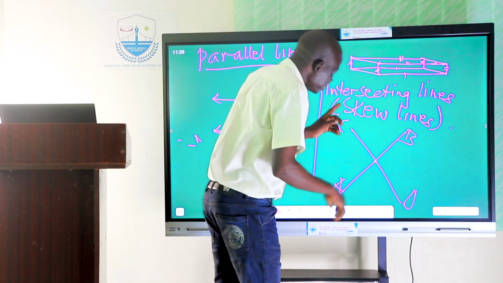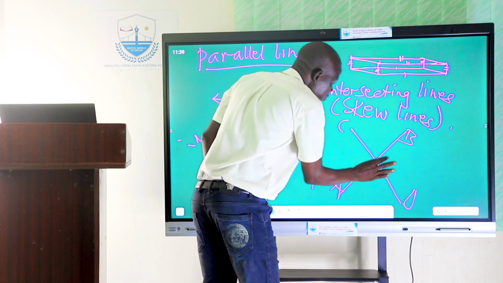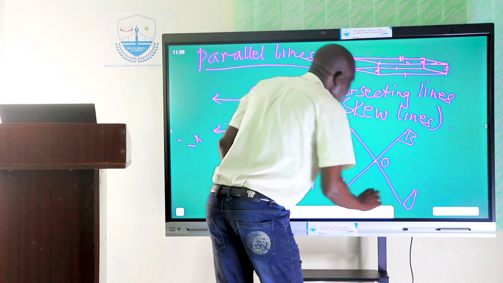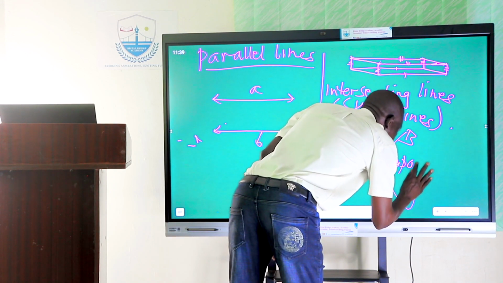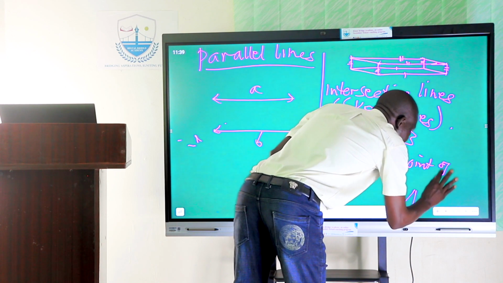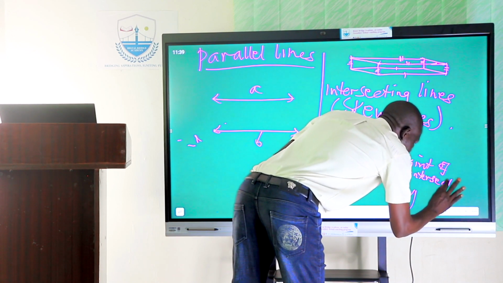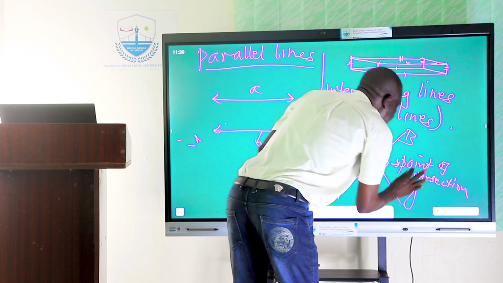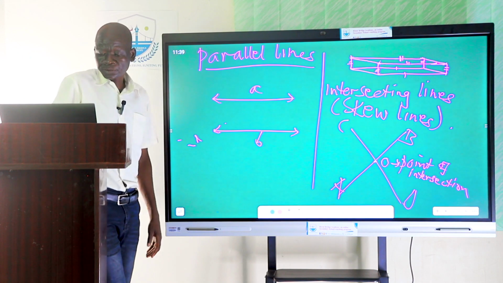So line CD is meeting line AD at point O. So this point O is called the point of intersection.